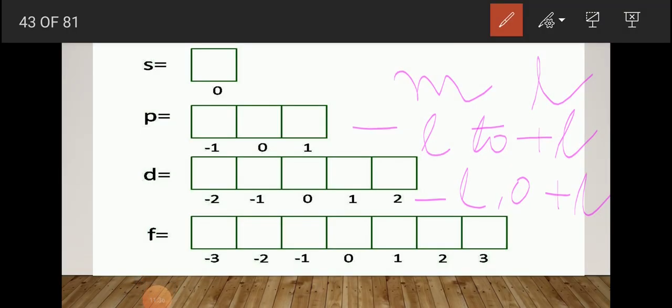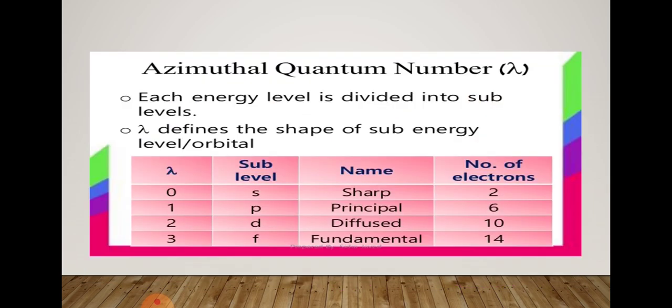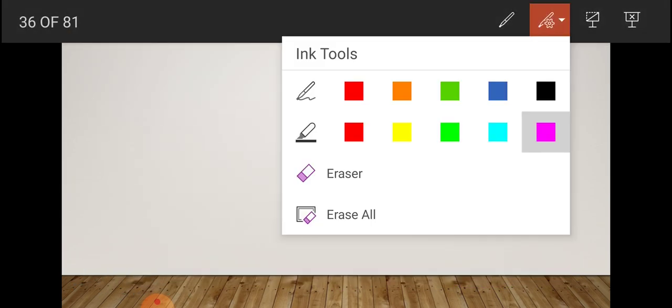A very understandable table, table 2.7, is given in your book: permissible combinations of n, L and m, on page number 125. See what is given there. Principal shell, that is K. So the value of n will be 1 and the L value will be 0.